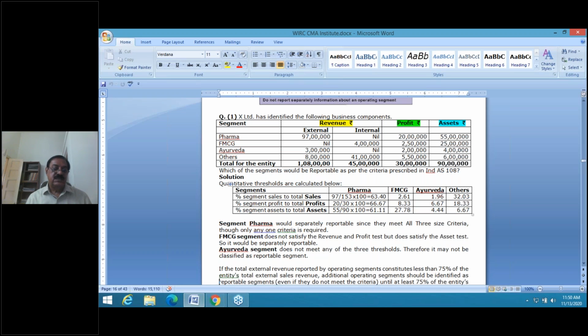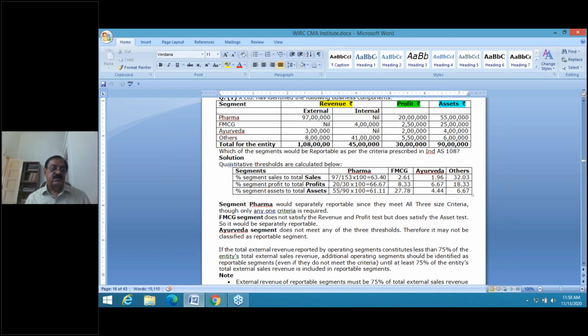Others are all miscellaneous. Now, the fifth condition is an important one. If the total external revenue reported by operating segments constitutes less than 75% of the entity's total external sales revenue. Remember, here you have to take only external sales criteria, whereas in the first criteria you have to take the total of internal and external, but here you have to take only external sales.